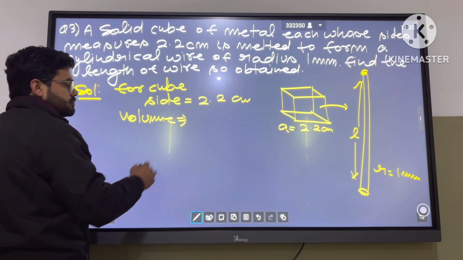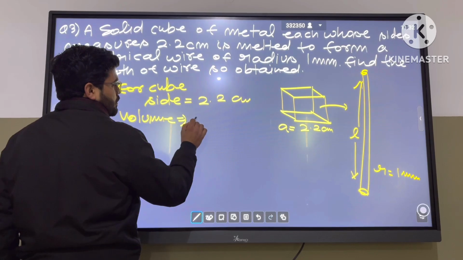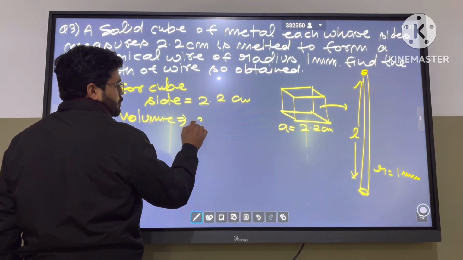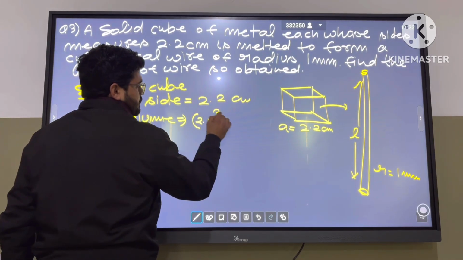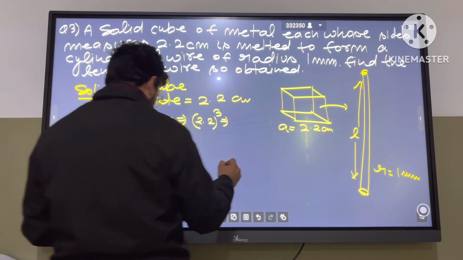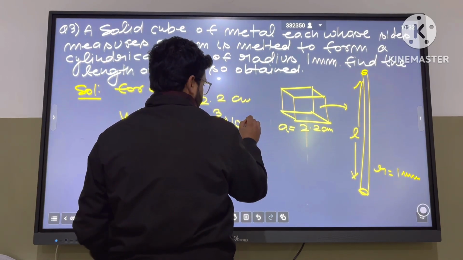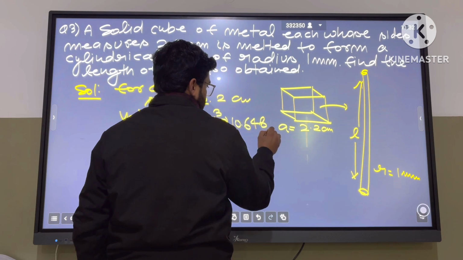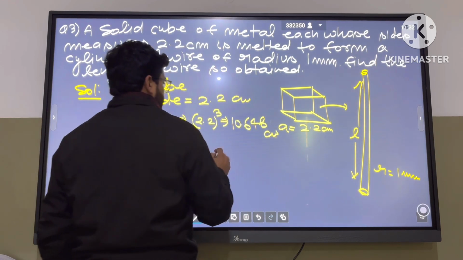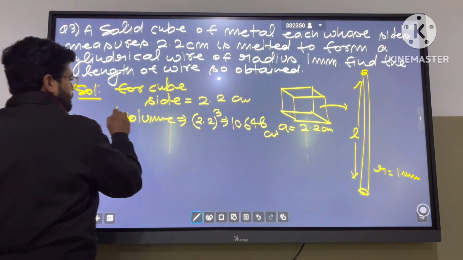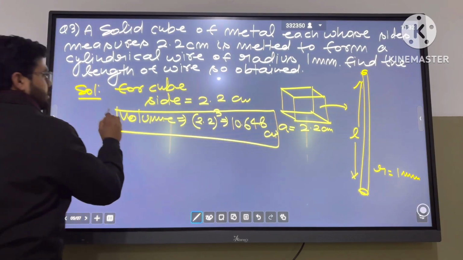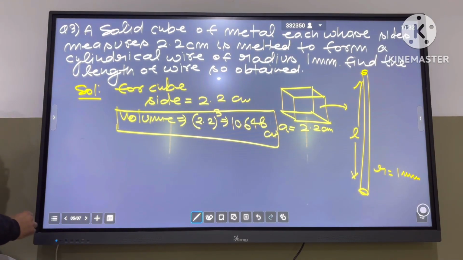Volume is equal to side cube, 2.2 cube is equal to 10.648 centimeter cube. This is the volume of this cube.